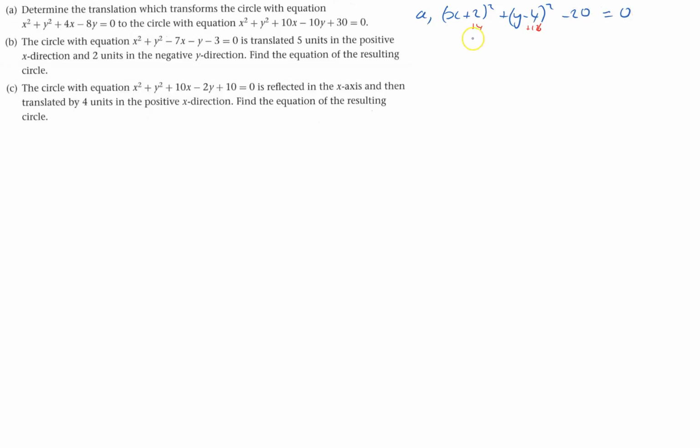That's the first one, and the centre of that is minus 2, 4.